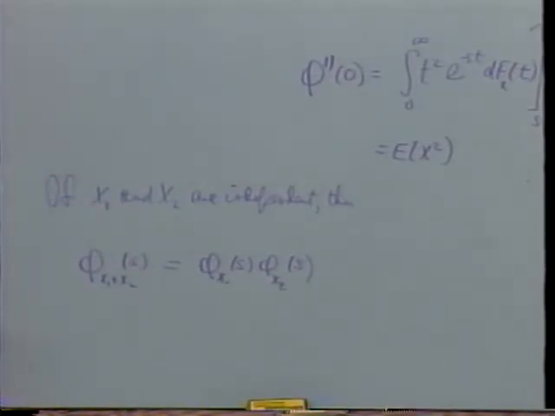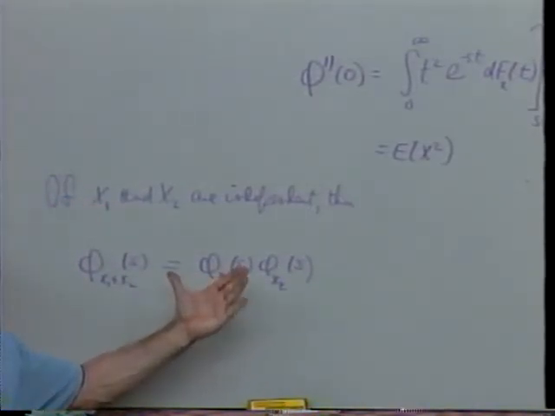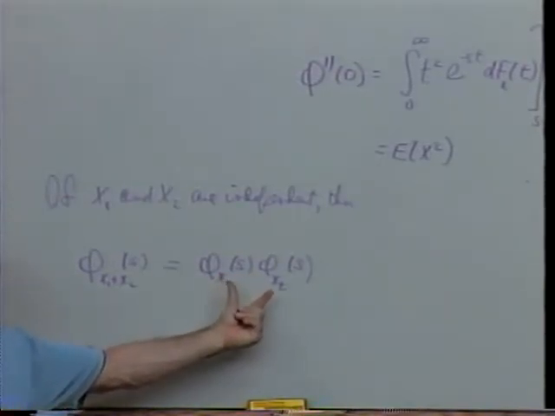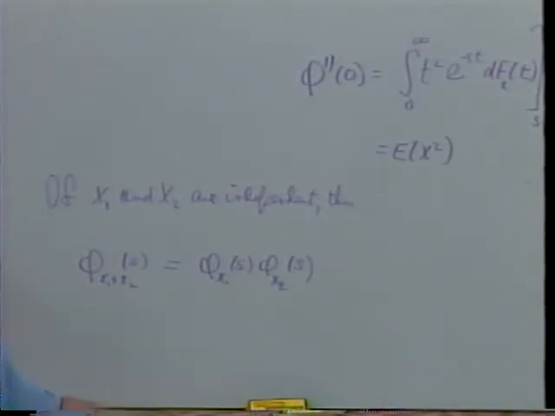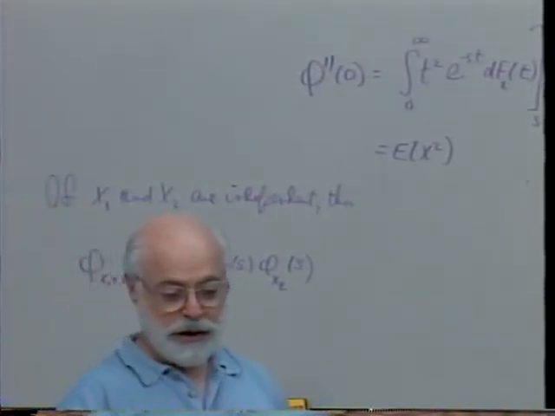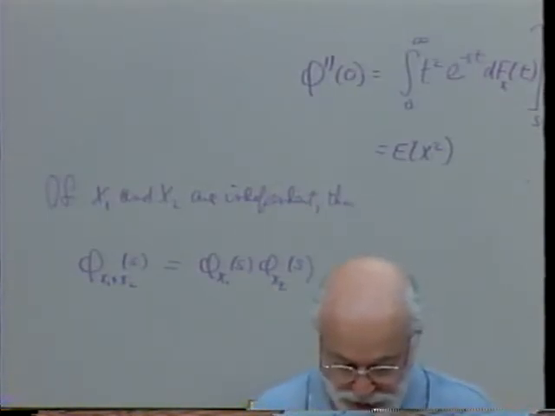So now, instead of having to form an integral convolution, I just multiply the transforms. OK, so we'll start there next time.